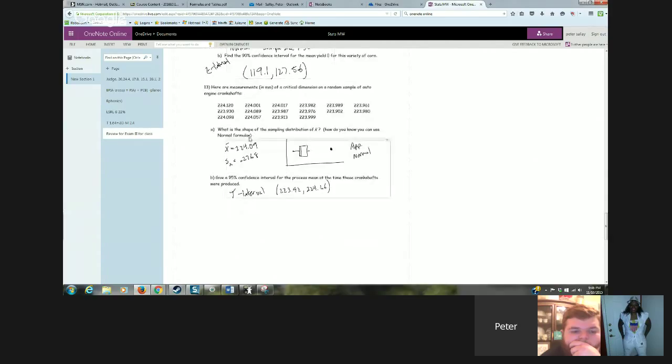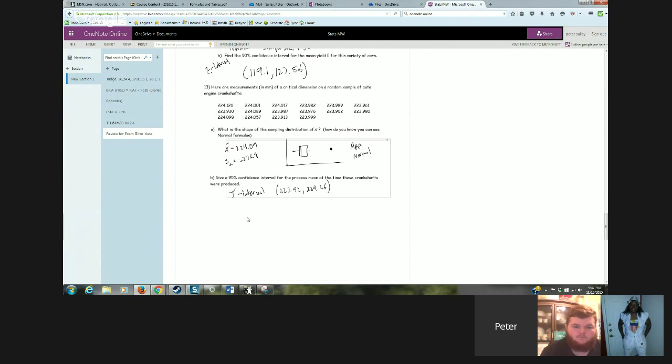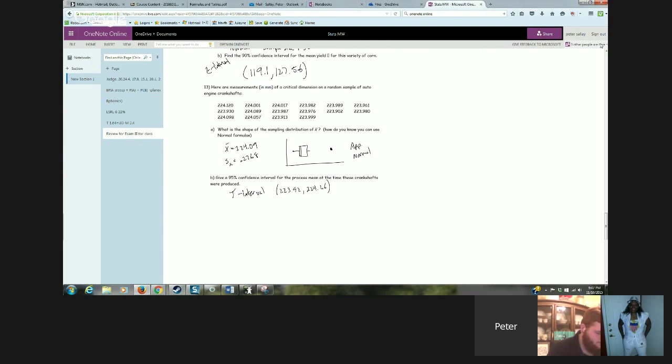Whereas number 13, they gave us a bunch of numbers. They didn't give us anything about the population. So this would be a T interval. So the only thing you have to go on is, do you know the population standard deviation or not? If you do, it's a Z. If you don't, it's a T. Okay?